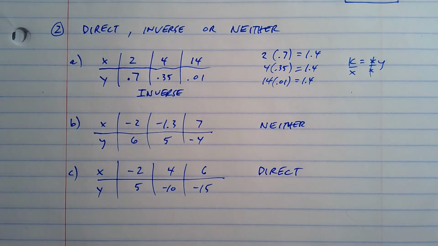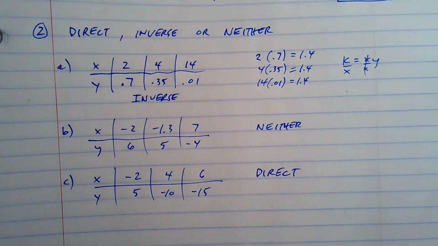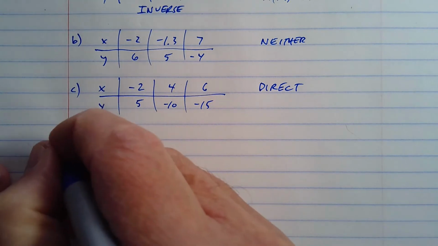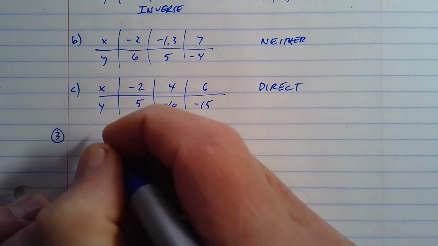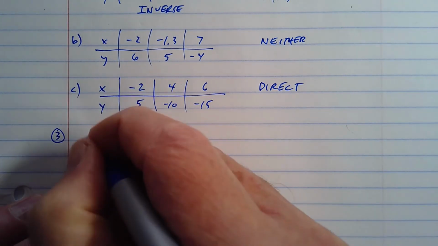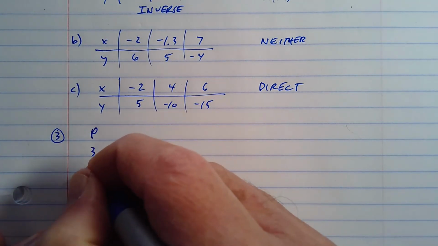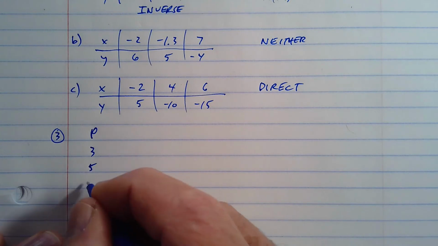All right, one last problem for this section, and then we're done with the first half. So the third problem gives us pressure. It's another table. I'll do it vertically this time. 3, 5, and 8.